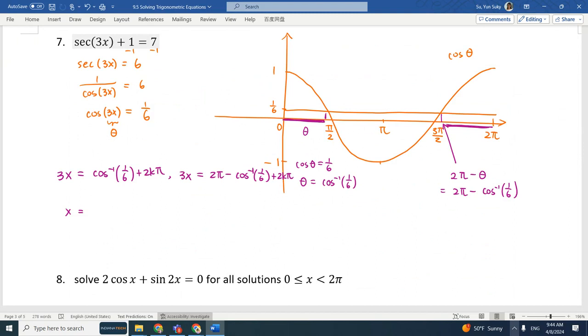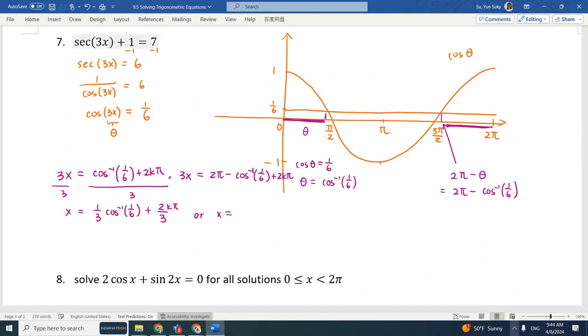Divide by 3. You get 1/3 arc cosine of 1 over 6 plus 2k pi over 3.